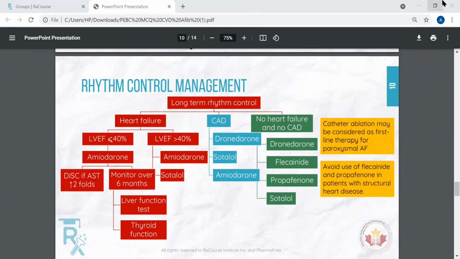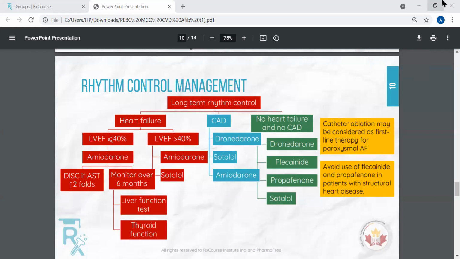Anyway, if a patient has congestive heart failure, what will I do in that case? I will look at the ejection fraction. This is the main criterion I look at.